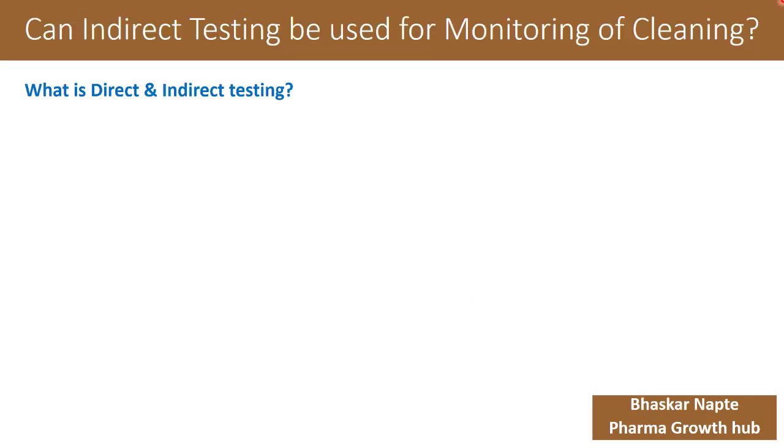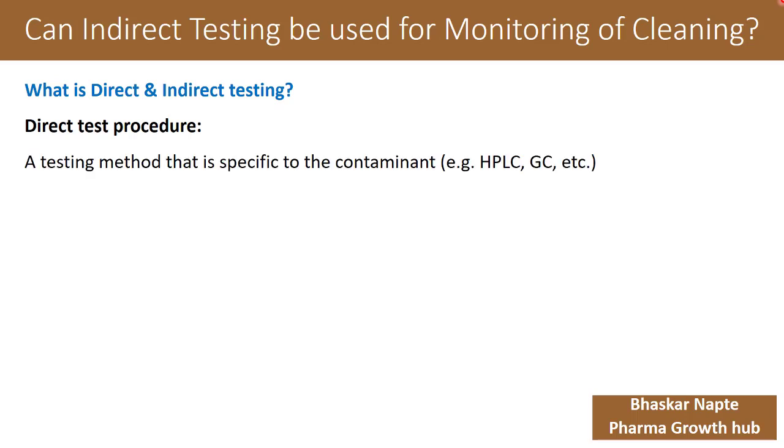And before we move on to whether it is really acceptable or not, let us first understand what is meant by direct testing or what is meant by indirect testing. So the direct testing procedure is nothing but a testing method that is specific to the contaminant.